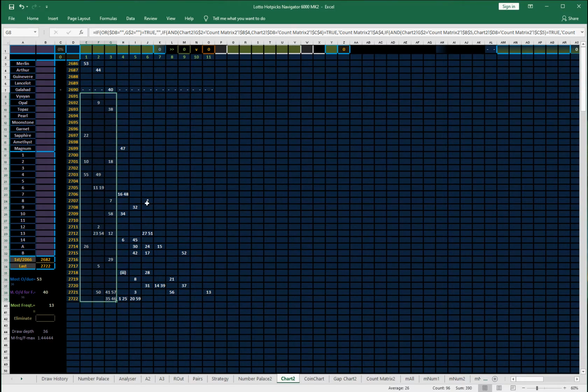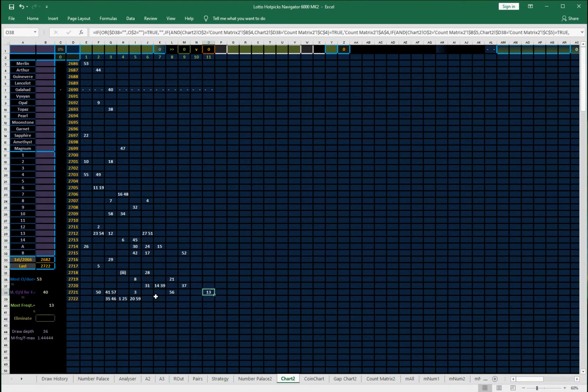And, oh look, 4, nicely on the edge of that chart as well, that's good. So we get different numbers, basically, if we do that. Usually, in this case, we've still got 40.